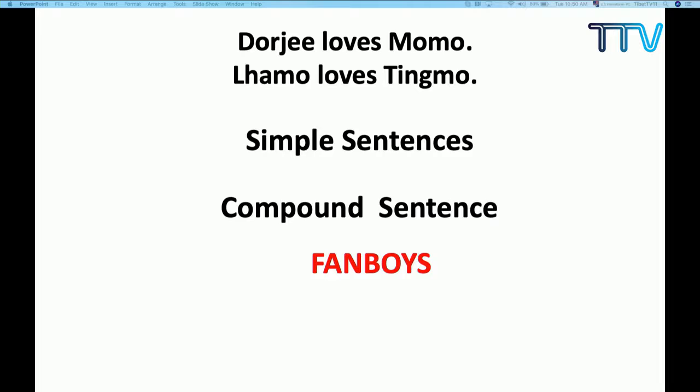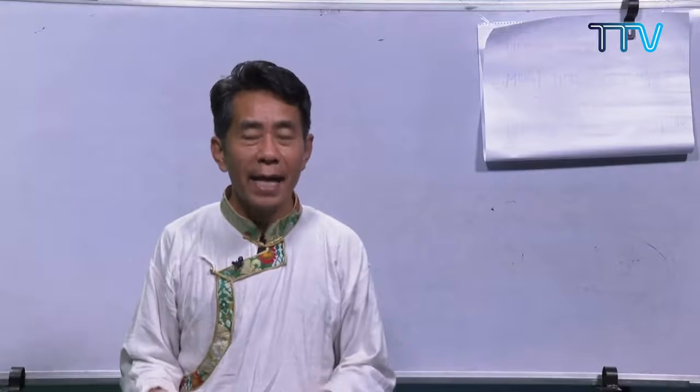When we combine two sentences, do you remember we have the connector, the conjunction, and the basic conjunction is FANBOYS. These are the words which help you combine words, phrases or sentences. FANBOYS is an acronym made up of the initial letters of the words: F for, A and, N nor, B but, O or, Y yet, S so.